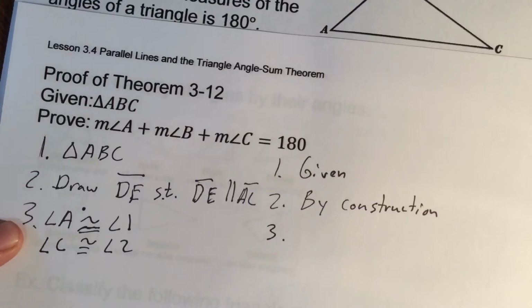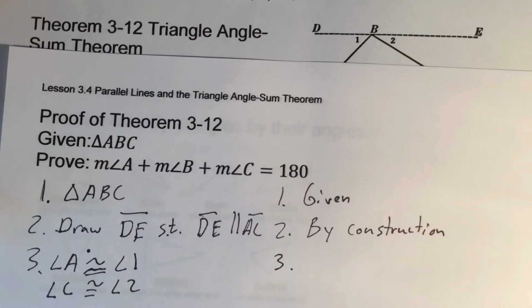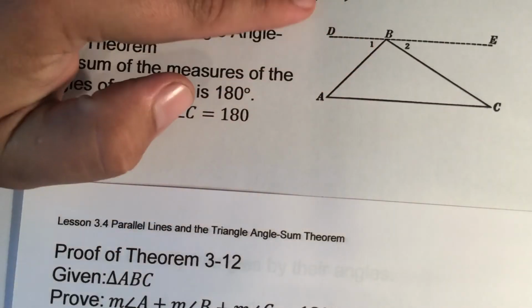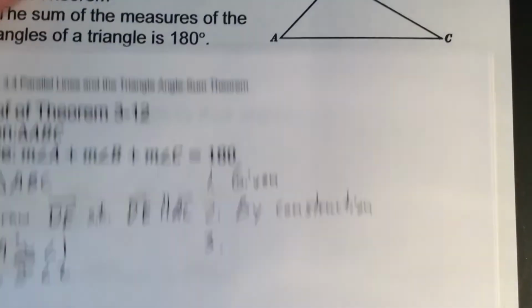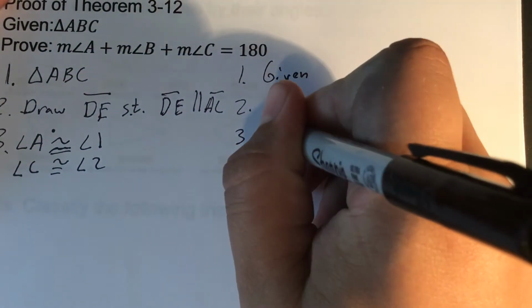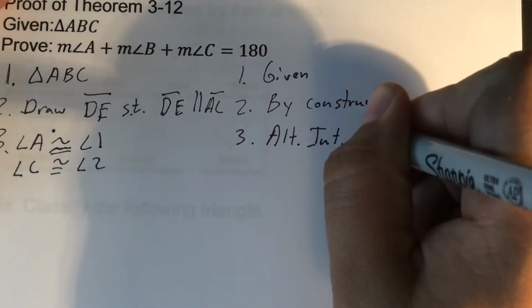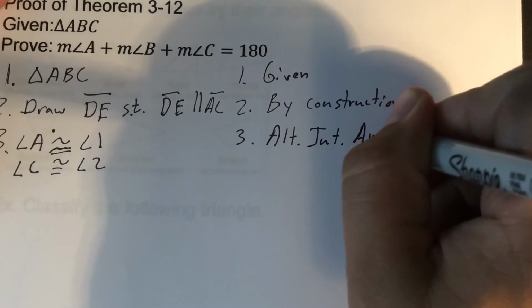So can put multiple things together, and the reason why is they're alternate interior angles. So we know if these lines are parallel, alternate interior angles are congruent. So this is going to be by alt interior angles.